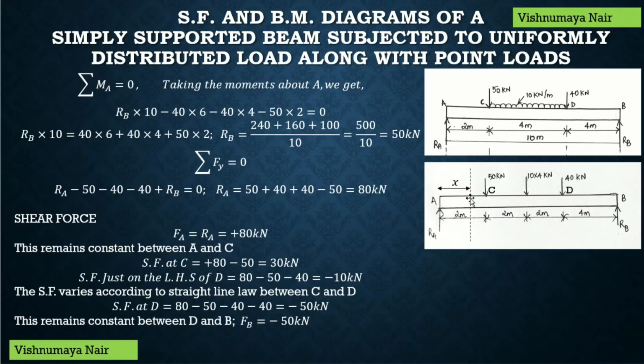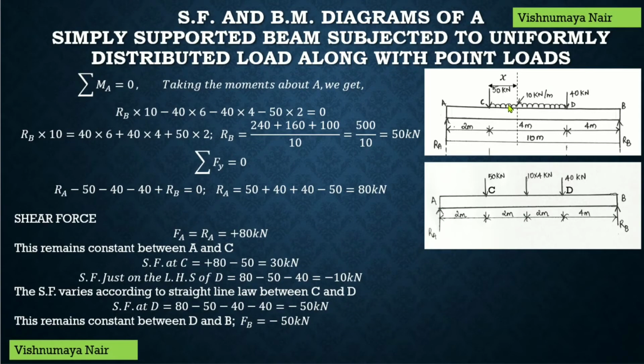Therefore, the shear force at this section is equal to plus Ra. So, this shear force remains constant between the points A and C, and it will be equal to plus 80 kilonewton. Therefore, at the point A, the shear force is equal to plus 80 kilonewton and it remains constant between the points A and C.